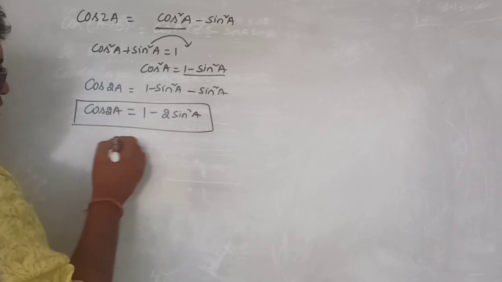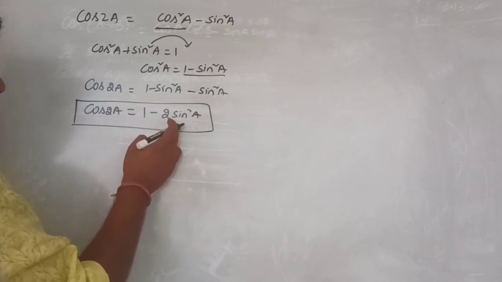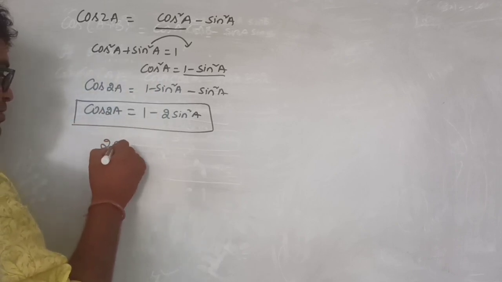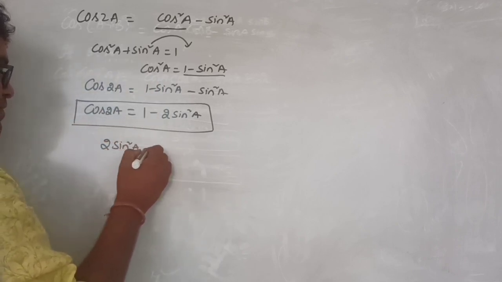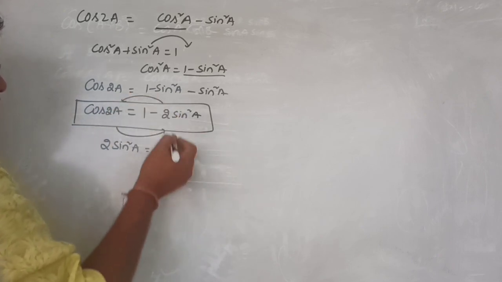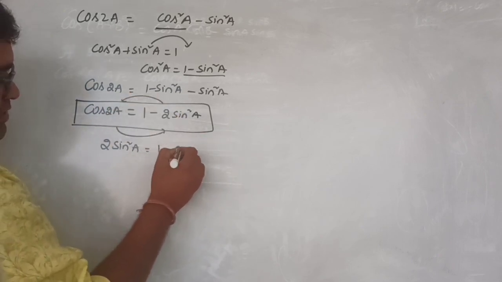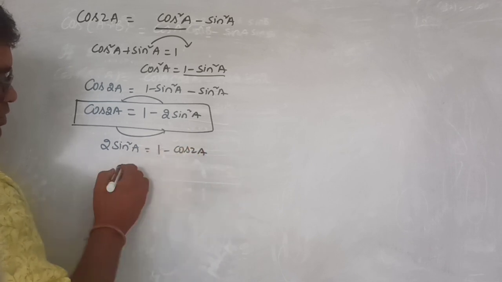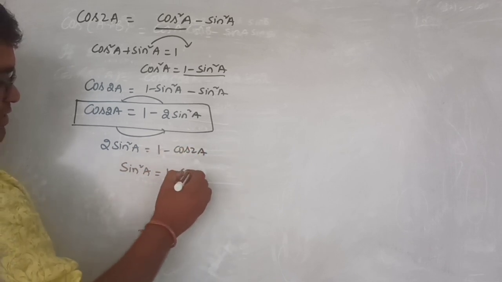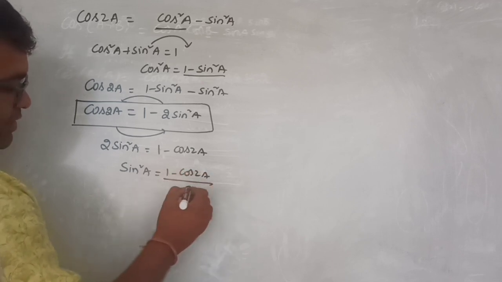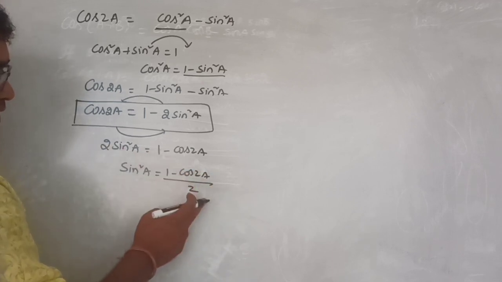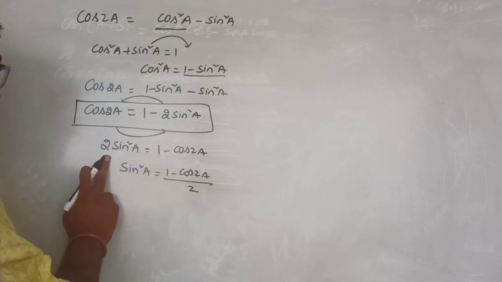If you take minus 2 sin square a to the left hand side, that becomes plus 2 sin square a is equal to 1 minus cos 2a. So sin square a is equal to 1 minus cos 2a by 2. The 2 in the numerator goes to the right hand side denominator, because it is multiplication.